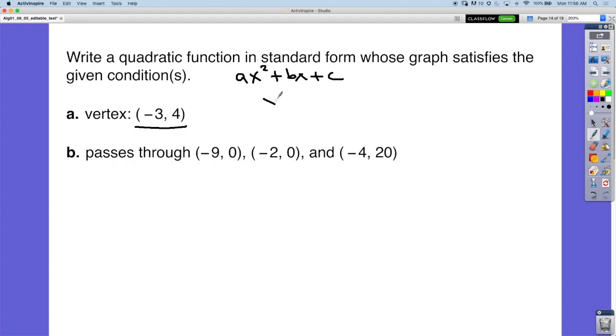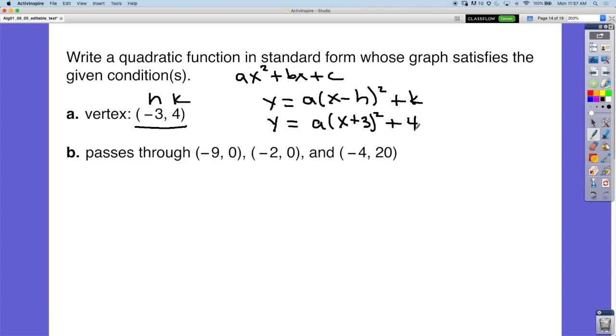So, vertex form is y equals a parentheses x minus h quantity squared plus k. Oh, I know that this one is h, and I know this one is k. So y equals a parentheses x plus 3 quantity squared plus 4.